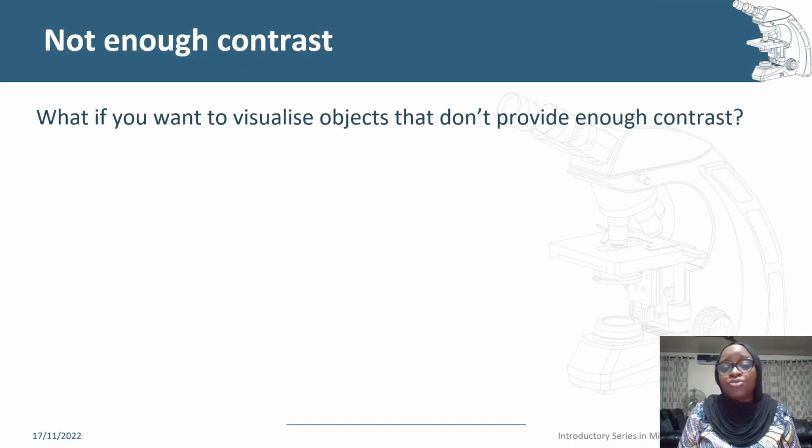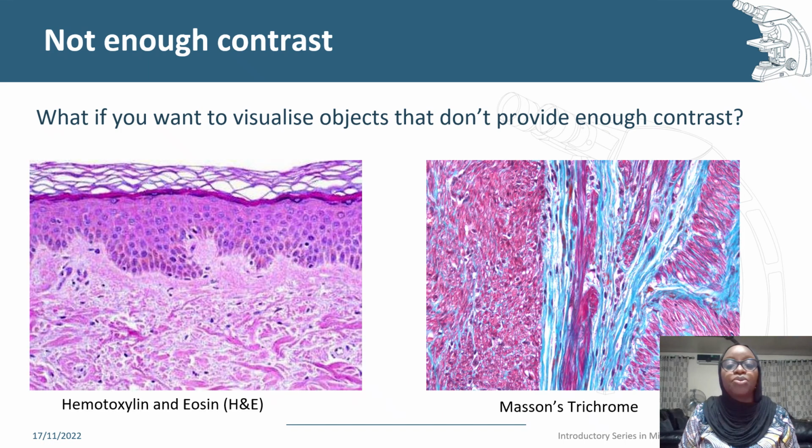What if you want to visualize objects that don't provide enough contrast? Although bright field stains give better contrast through color, they have limited specificity. Fluorescence can give excellent contrast and specificity.